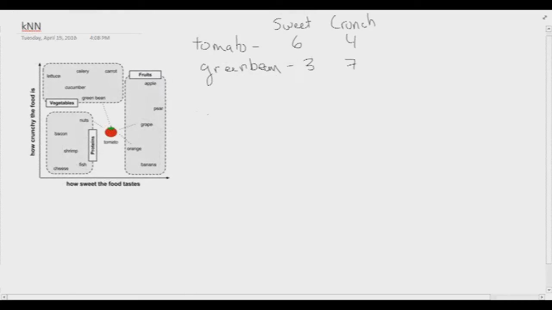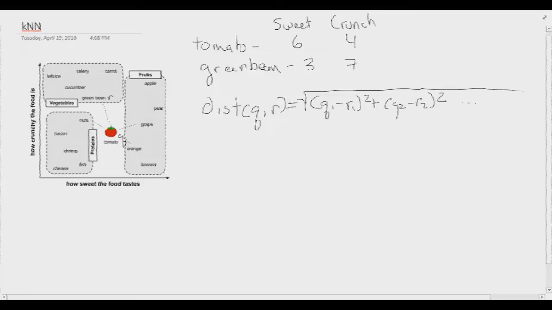Alright, so the distance is given by the formula distance function of q and r. So let's say this is point q and this green bean is point r, is equal to the root of q1 minus r1 squared plus q2 minus r2 squared, dot dot dot, all the way to whatever the last feature is.